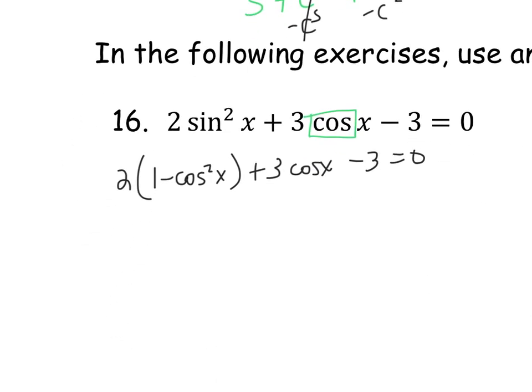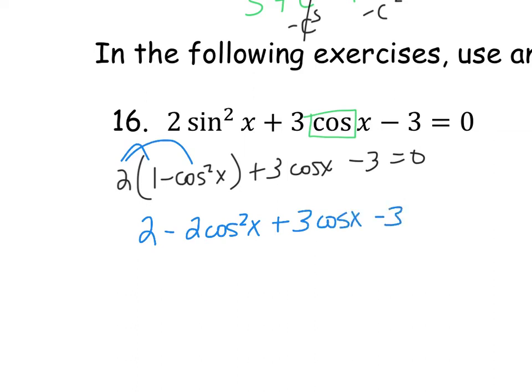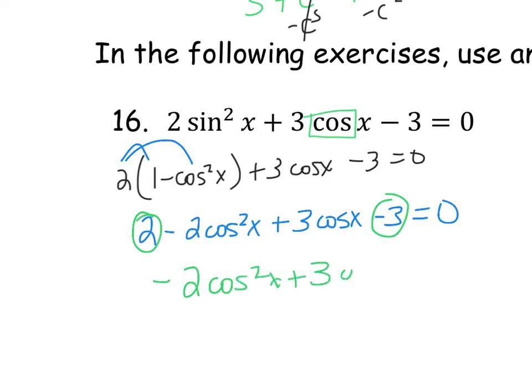What do I do with the 2? Multiply it. So 2 minus 2 cosine squared x plus 3 cosine x minus 3 equals 0. Do I have any like terms? 2 and the 3. So I'm left with negative 2 cosine squared x plus 3 cosine of x minus 1 equals 0.